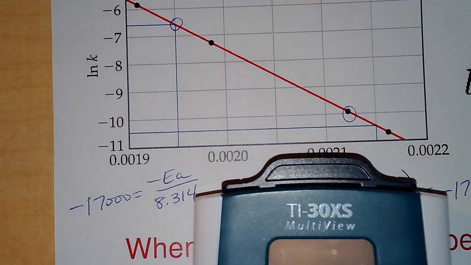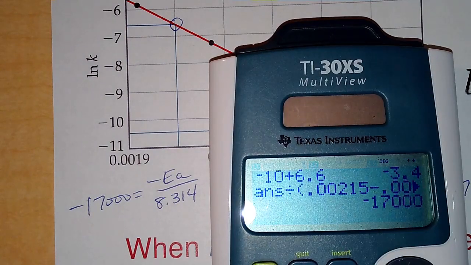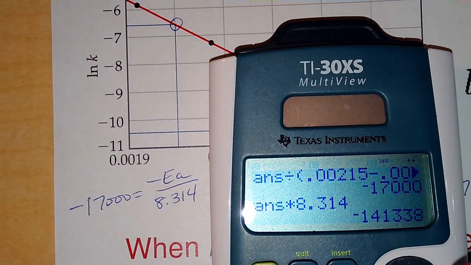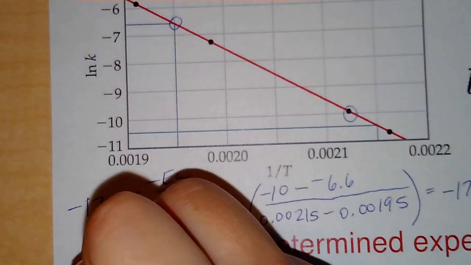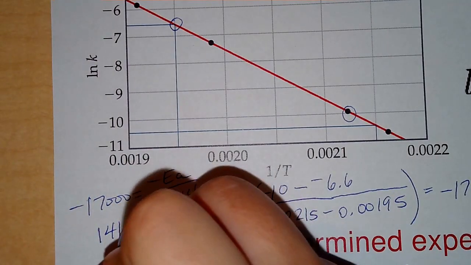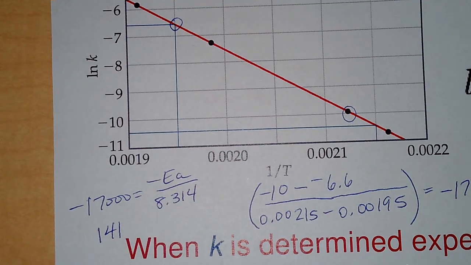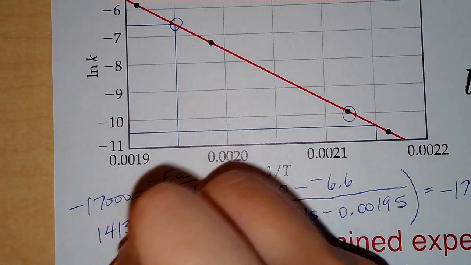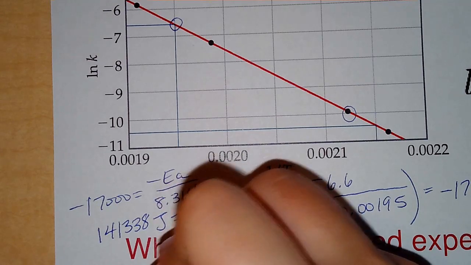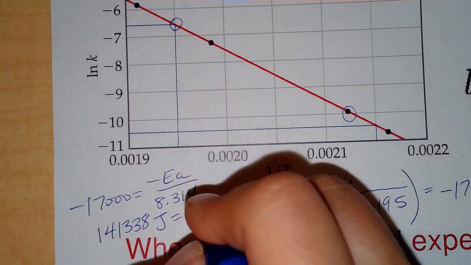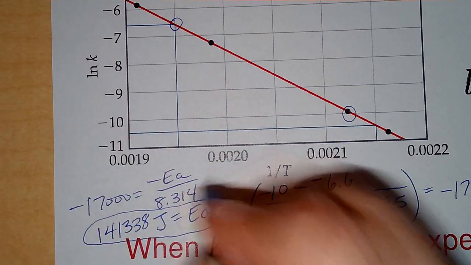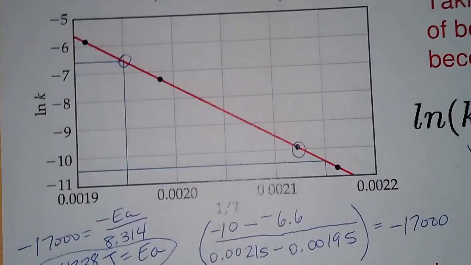So multiply this by R, and we get positive 141,338, and this would be joules. So that would be the activation energy that we got from the slope of our line.